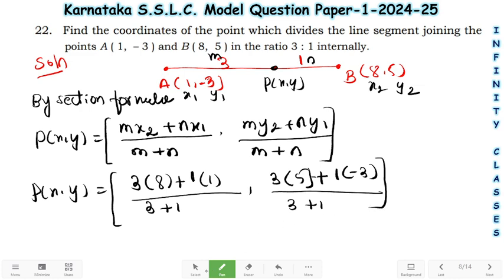Then after simplifying this, I will make space for writing the next steps.